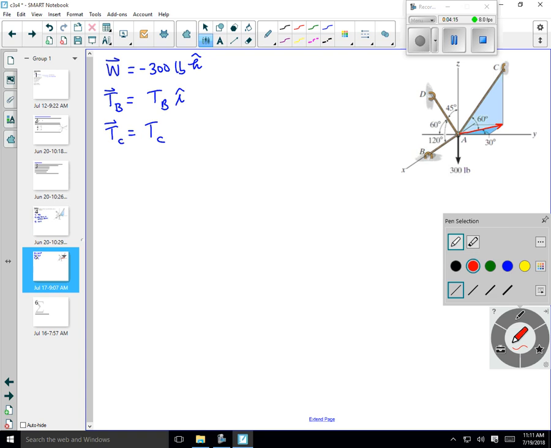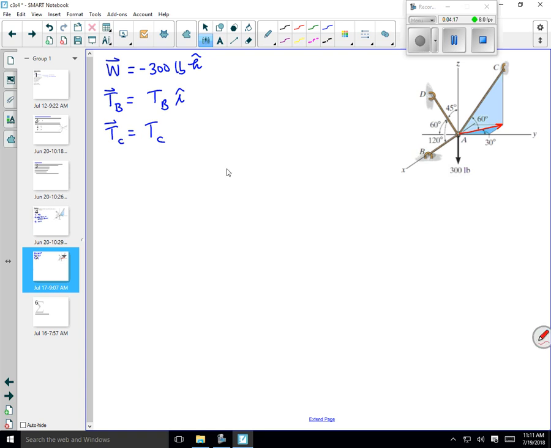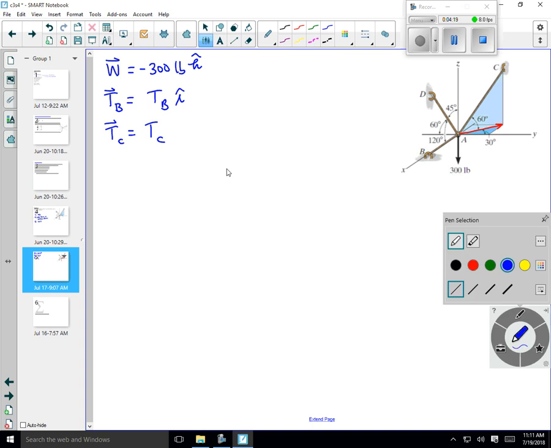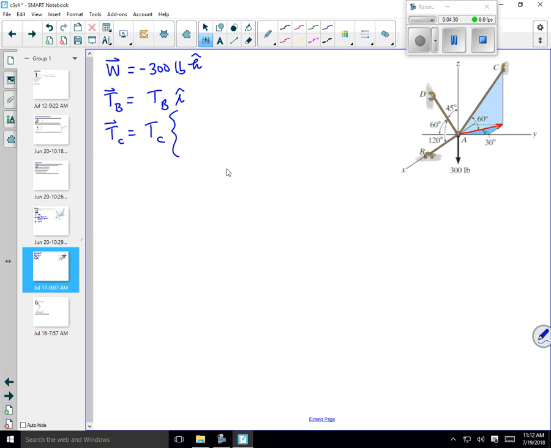And then I'm going to resolve A prime. In the z direction, all I'm going to get is TC times the sine of 60 degrees. And that's in the k hat direction, and it's positive.